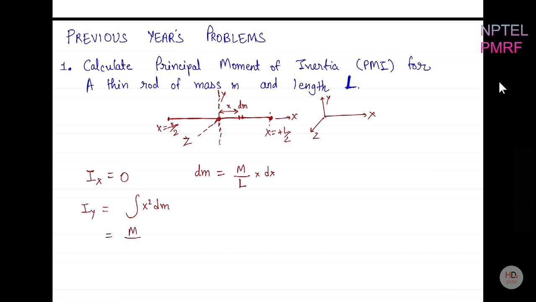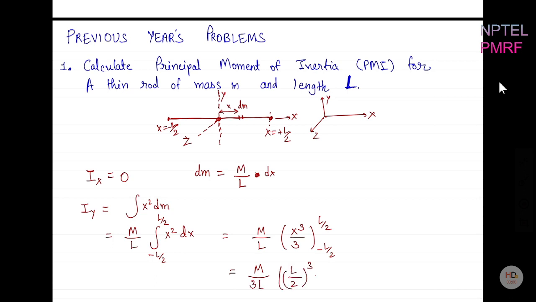So this becomes m by L integral x square dx, and x is running from minus L by 2 to L by 2. This becomes m by L and x cubed by 3 from minus L by 2 to L by 2. So m by 3L and L by 2 cube minus minus L by 2 cube, right?